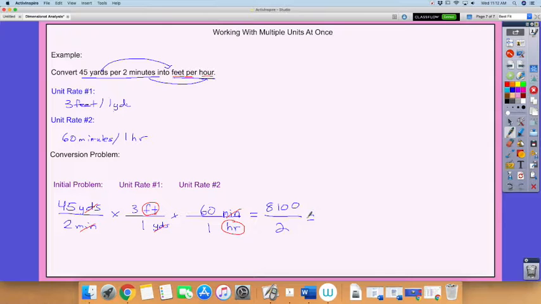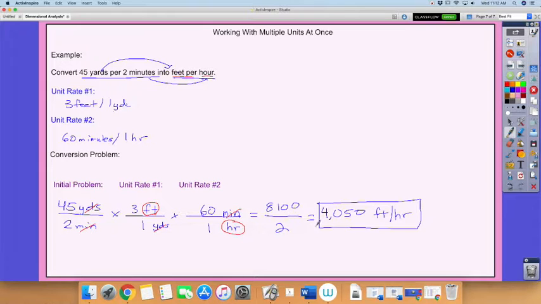So let's go ahead and divide that by 2. So that means our person is going 4,050, and I look at what's circled, what's left, feet per hour, which is what they wanted. So our person, instead of going 45 yards in 2 minutes, that means they could also go 4,050 feet per hour.